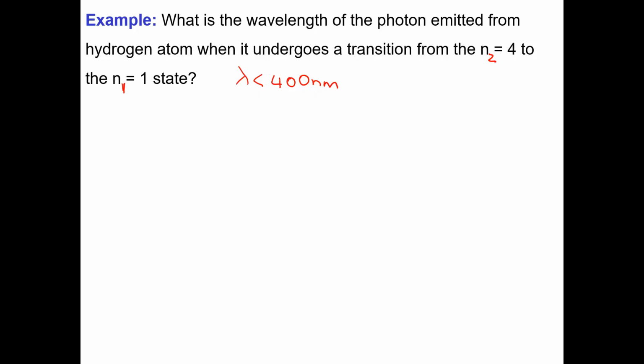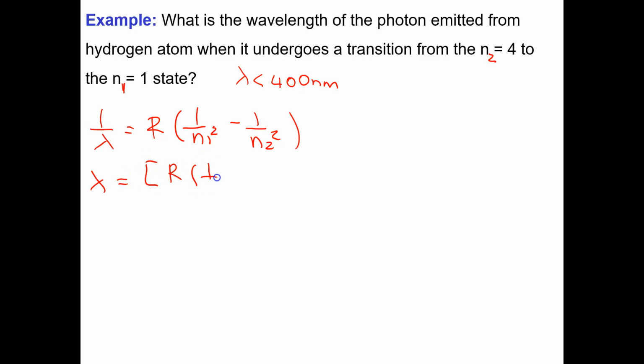nanometers. So let's go ahead and write out the Rydberg equation. 1 on lambda is equal to R times 1 over n1 squared minus 1 on n2 squared. Now, I don't want 1 on the wavelength, I want the wavelength itself, so the easiest way to get that is to put the whole of our Rydberg equation in parentheses, and then raise the whole thing to the power of minus 1, which is the same as taking the inverse.